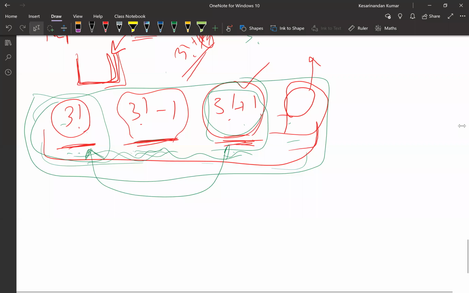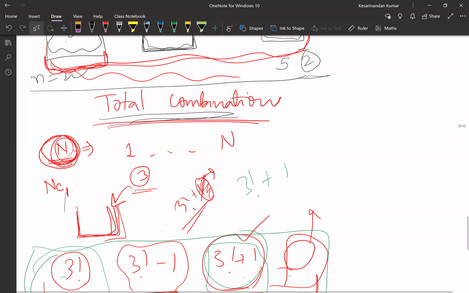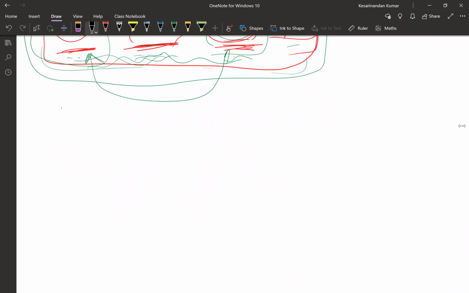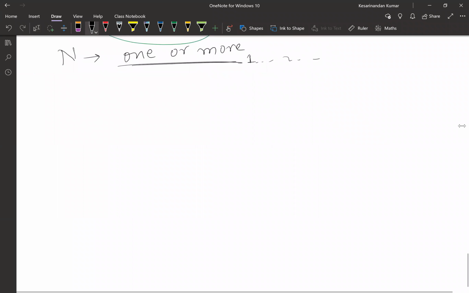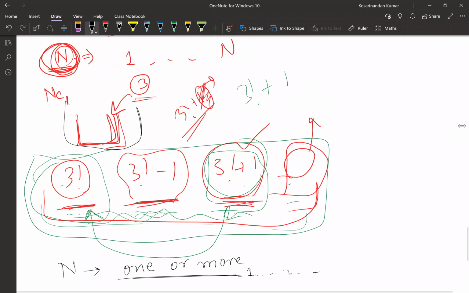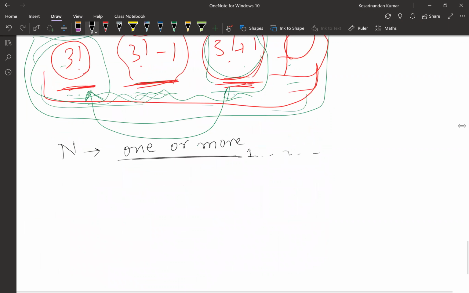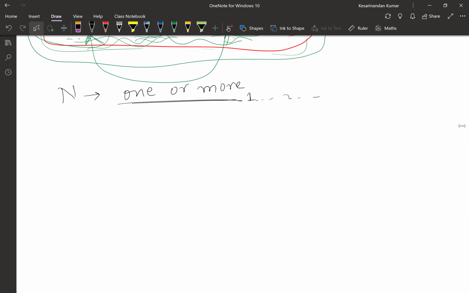Here the possibilities were restricted, but now what is given to you is, out of n given things, the total number of ways of selecting one or more things. That can be anything, 1, 2, 3, 4, because it will start from 1, it cannot be 0. So the empty case is eliminated. One or more things till n at a time.